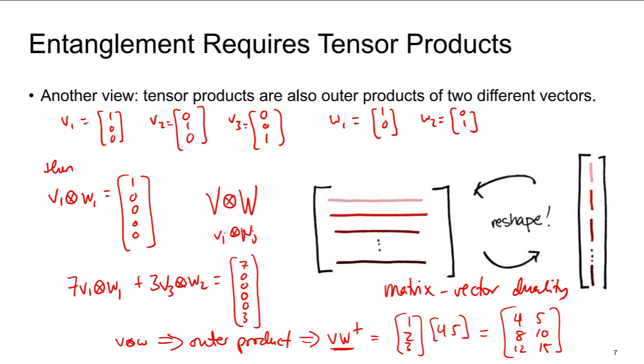And if you've ever heard of process state duality, it's very much the same thing. So we can think about a matrix, the tensor product of V and W, as a process. It's a concrete representation of a linear transformation. And on the other hand, we can think about our tensor product of V and W as a vector.